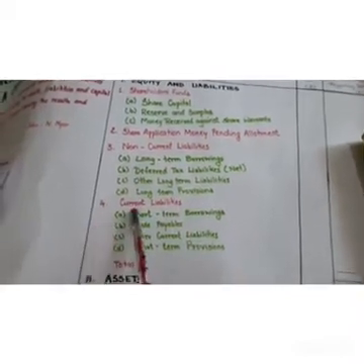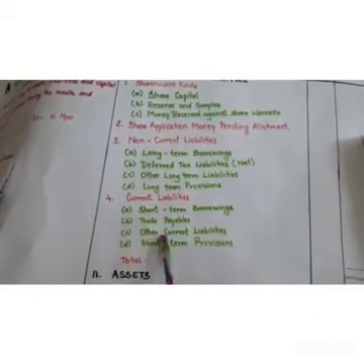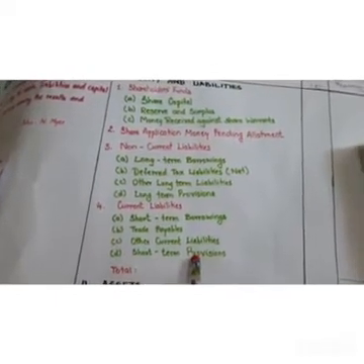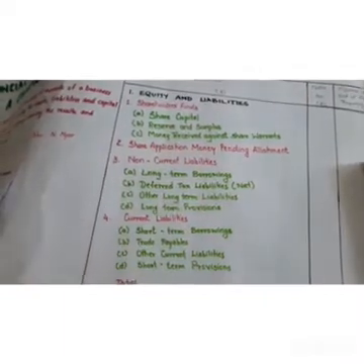The fourth point, current liability, is again subdivided into 4: short-term borrowings, trade payables, other current liability and short-term provision. So this is the sub-classification of equity and liability.